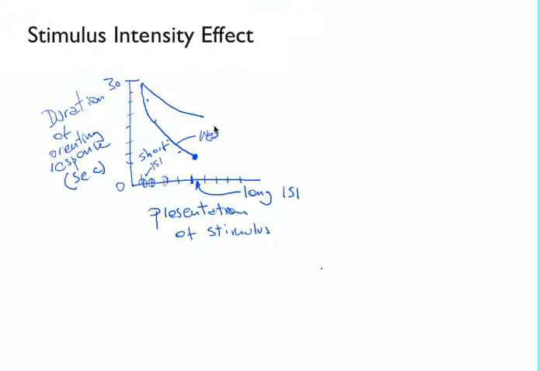I'm sorry, not a weak stimulus, on the contrary, a strong stimulus. And this is a weak stimulus. And the response to the strong stimulus habituates faster than the response to the weak stimulus.